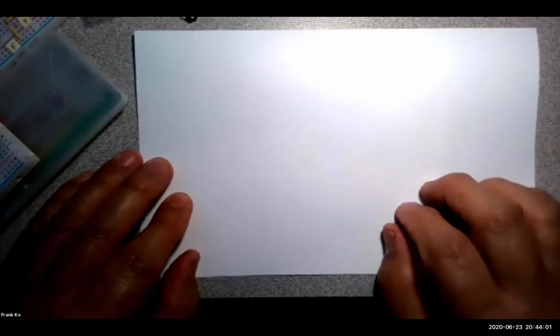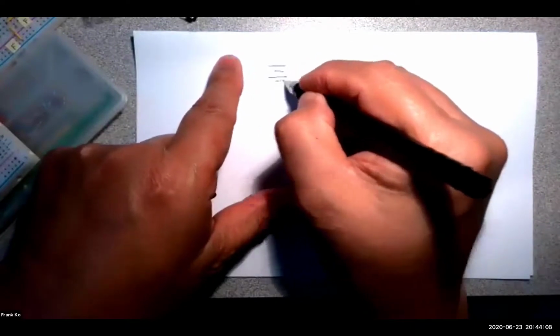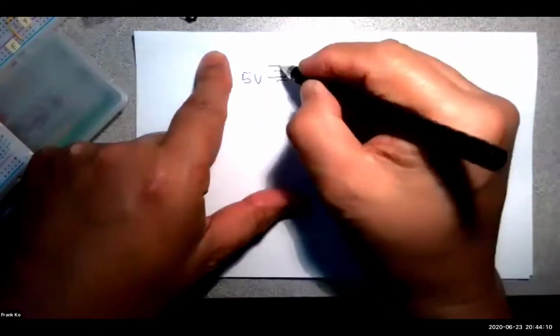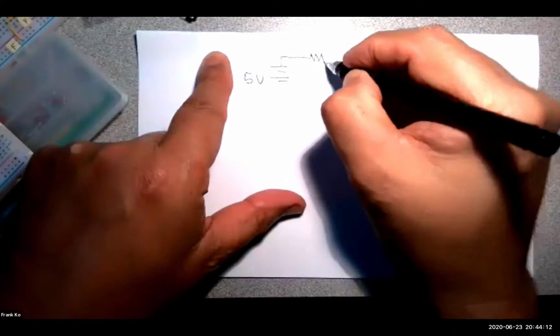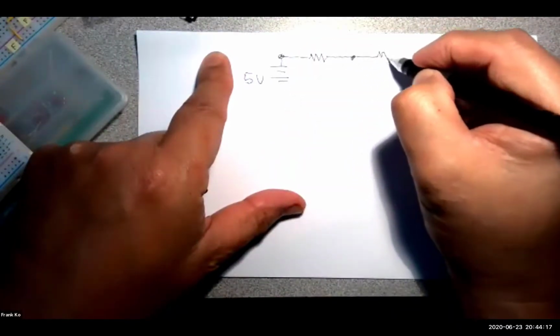What we have, my friends, is this. We have a source, 5 volts. You have two resistors.